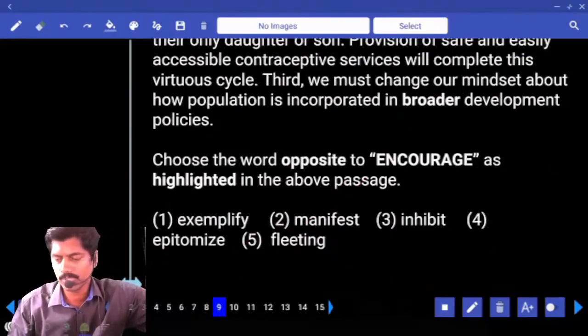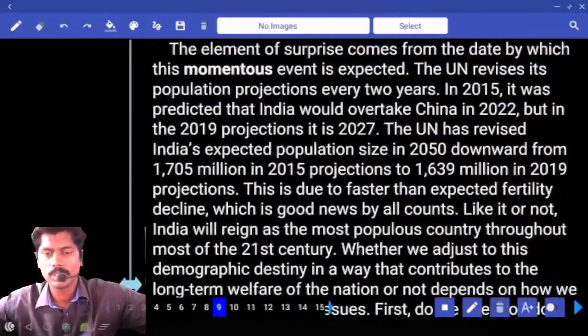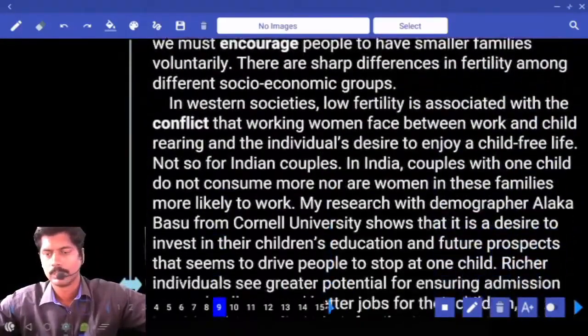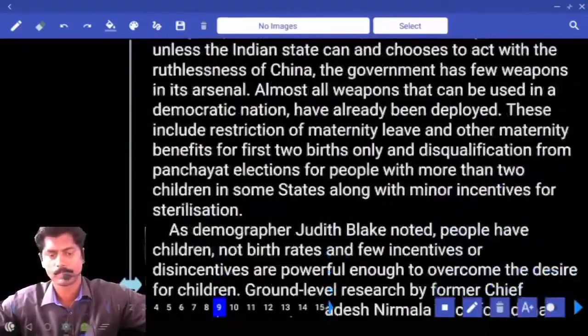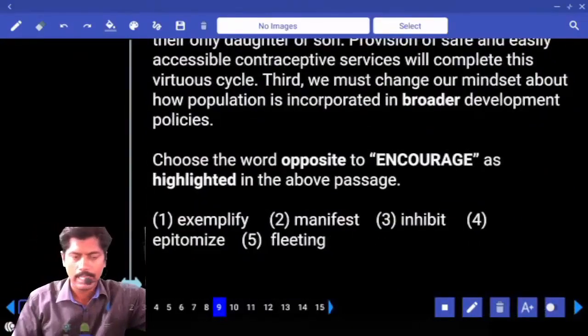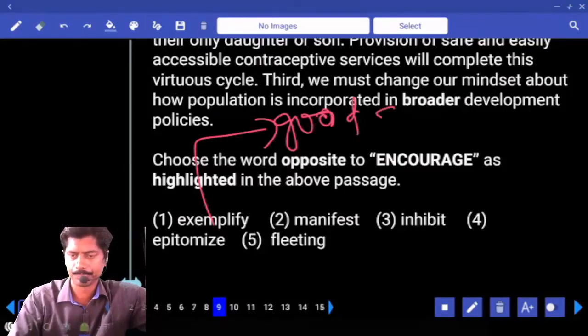Now we require the opposite meaning of encourage. What do we need to encourage there? Which paragraph? Third paragraph: encourage people to have smaller families. Exemplify means it acts as a good example.